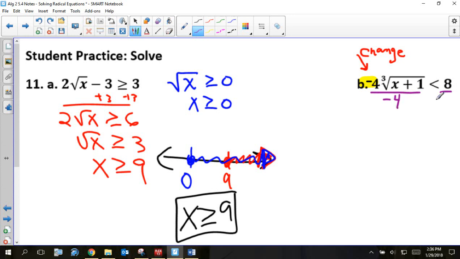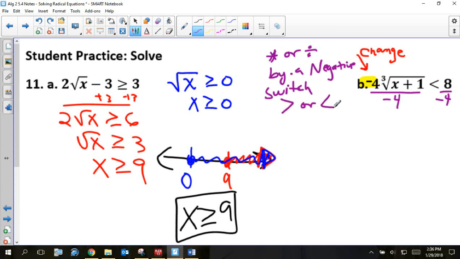So we're going to divide by negative 4 on both sides. But there's a rule. When you have an inequality, if you multiply or divide by a negative, you have to switch your inequality. Remember that rule from Algebra 1? So now I have cube root of x plus 1 greater than negative 2.